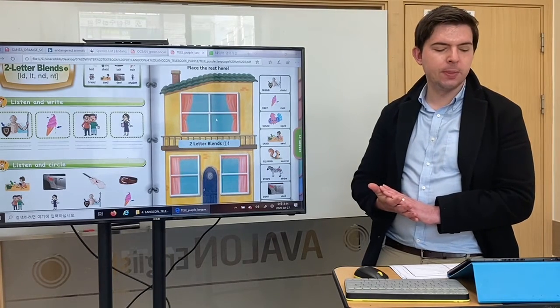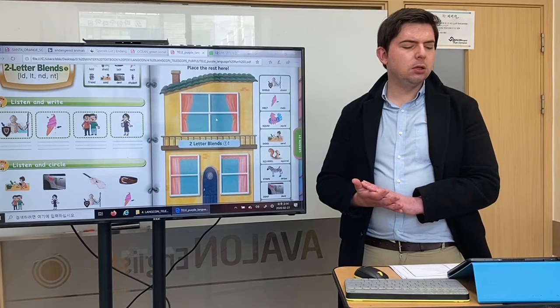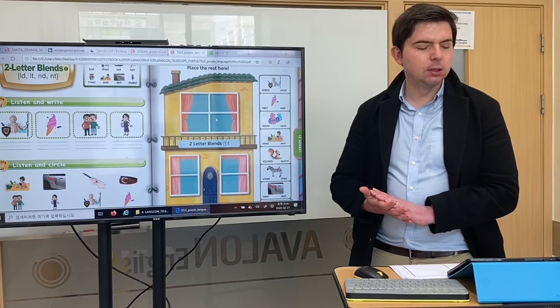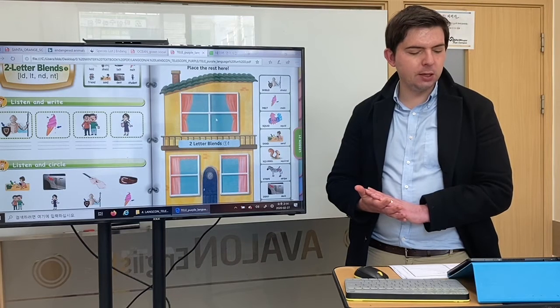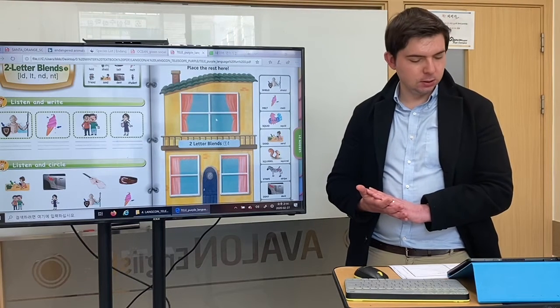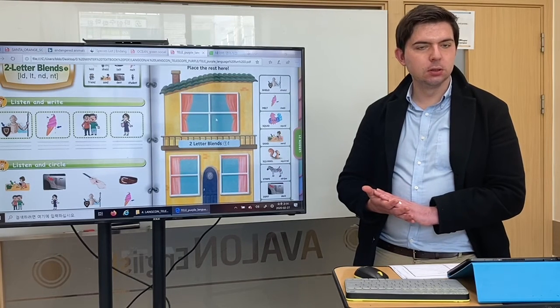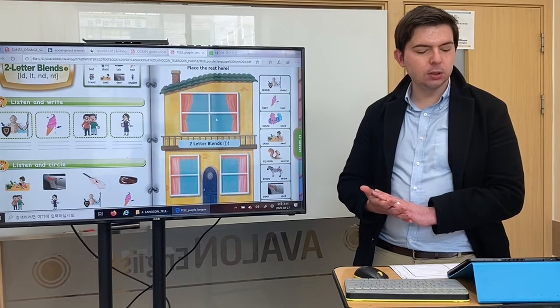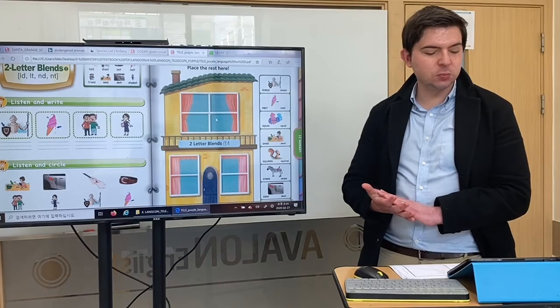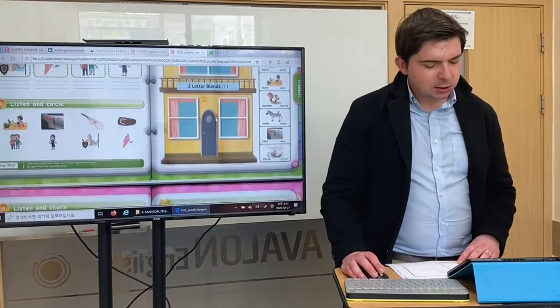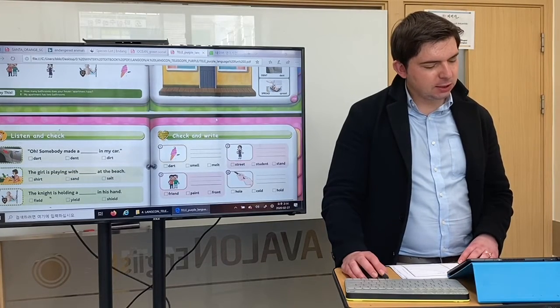Very good. And the upstairs, what do we have there? Squid, squirrel, stripe, and spread. Very good. Okay, let's continue to page 260.